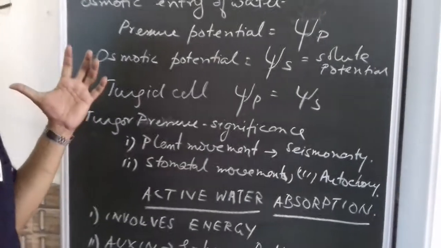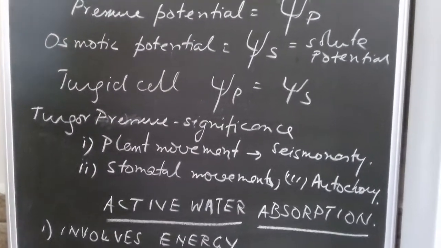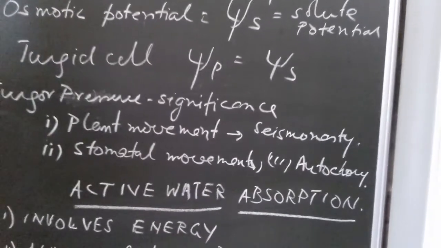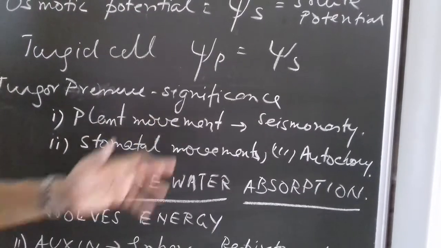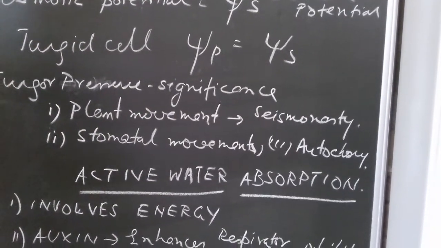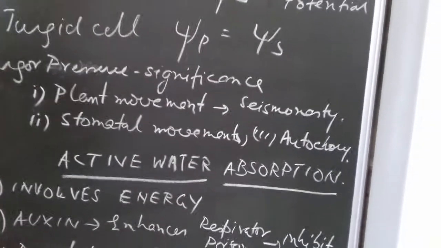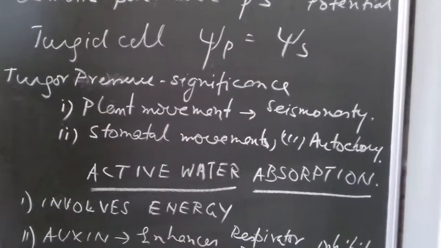Now this turgor pressure is also of significance in the living cell. Like in plant movement, you have seen seismonasty. There are certain types of plants which exhibit plant movements, like in Mimosa pudica we have seismonasty.